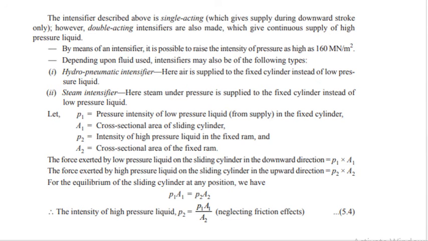The force exerted by high pressure liquid on sliding cylinder in upward direction will be P2 into A2, and by equilibrium P1A1 is equal to P2A2. With the help of this formula we can calculate intensity of high pressure liquid, that is P2 = P1A1 upon A2. This formula is considered by neglecting the frictional effect inside the intensifier.